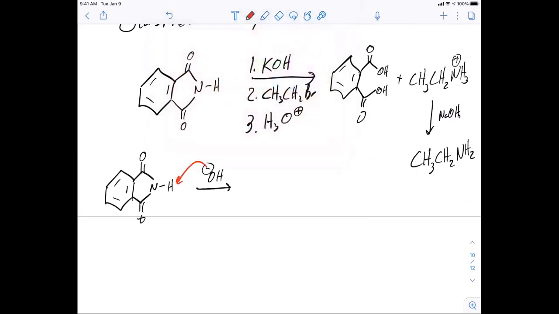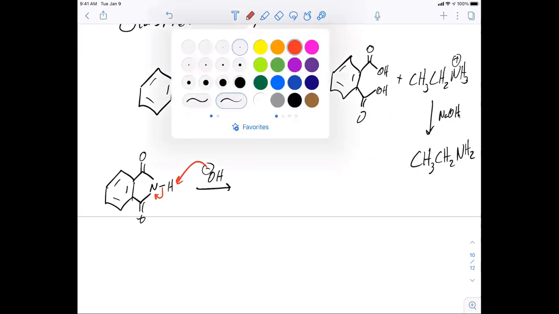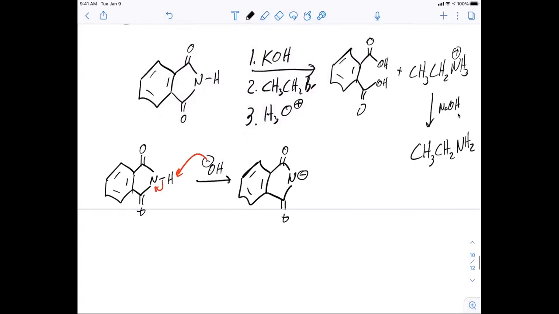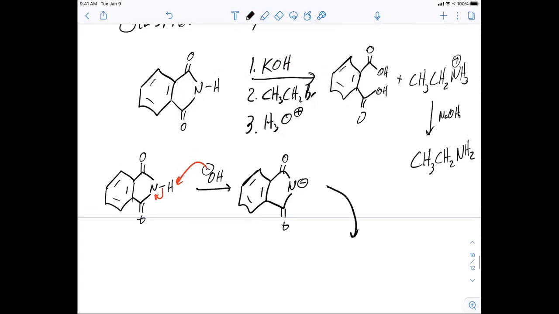Okay, so we pull the proton. Okay. Now that nitrogen negative is delocalized to the carbonyls. Okay, so it's pretty stable, so it'll wait until we add our electrophile.